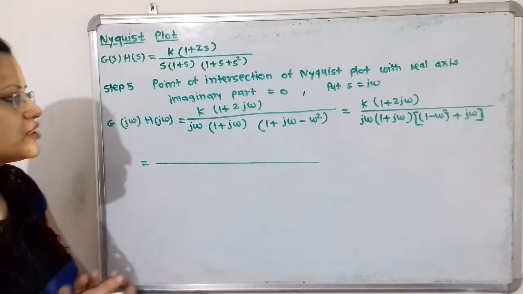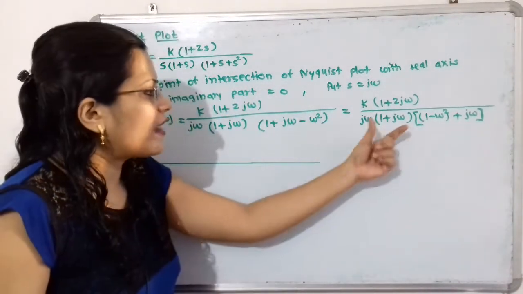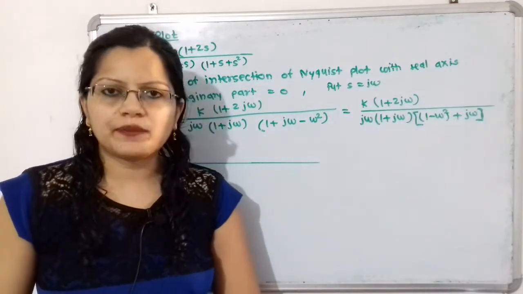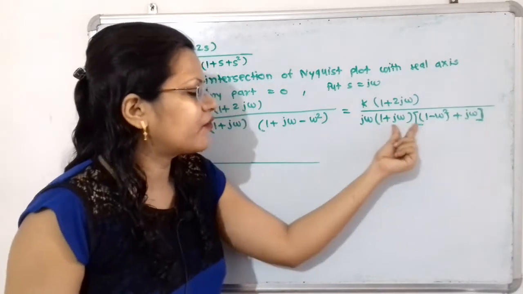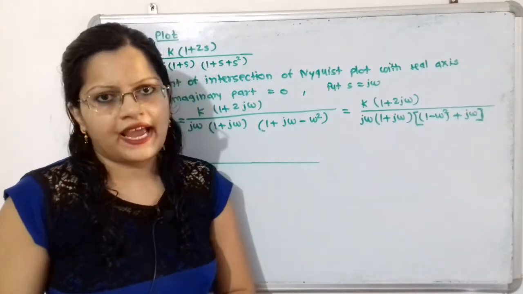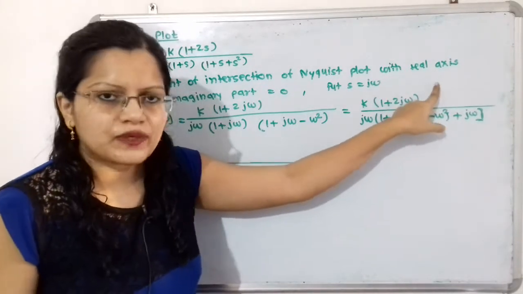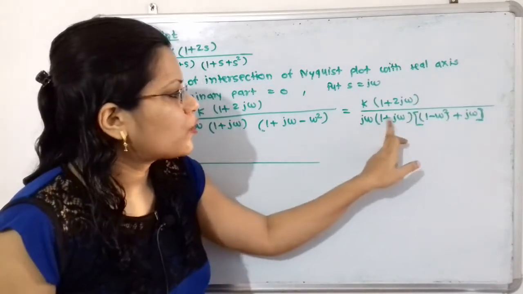Now for this equation we have to take imaginary part is equal to 0. So we have to remove this imaginary part from the denominator. So how to remove? For that we have to multiply the complex conjugate number for these two brackets, and for the numerator and denominator we will multiply here the complex conjugate.